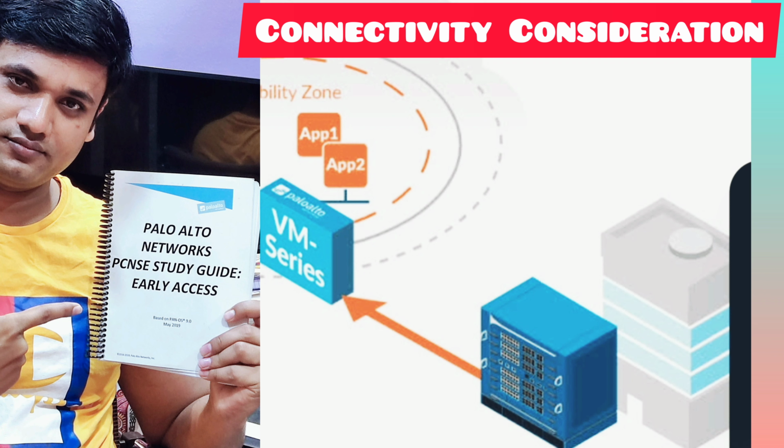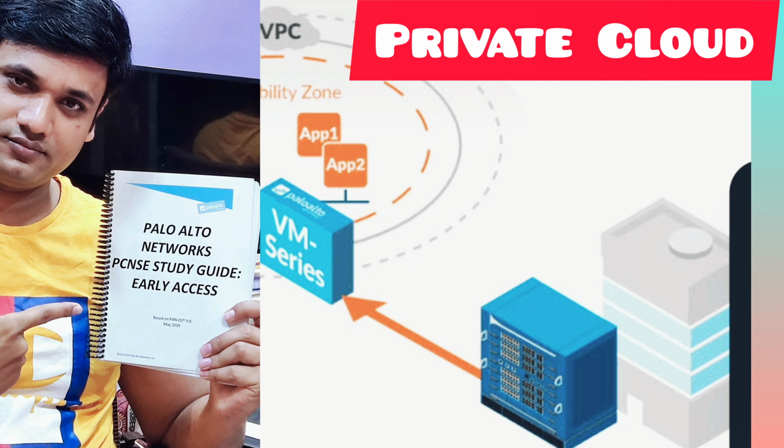Now let's identify planning considerations unique to deploying Palo Alto Networks firewalls in a private cloud. The VM-Series virtual firewall runs on the private cloud technologies listed in a previous section. All those versions also run in a private cloud.